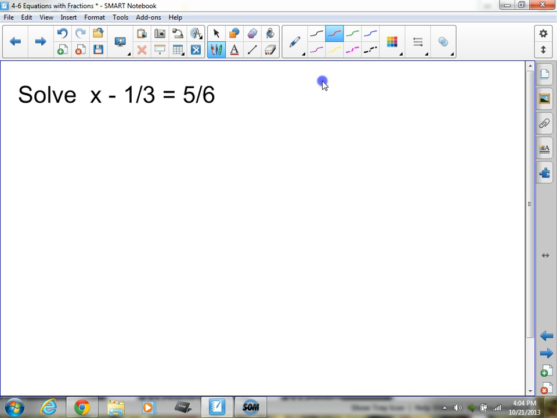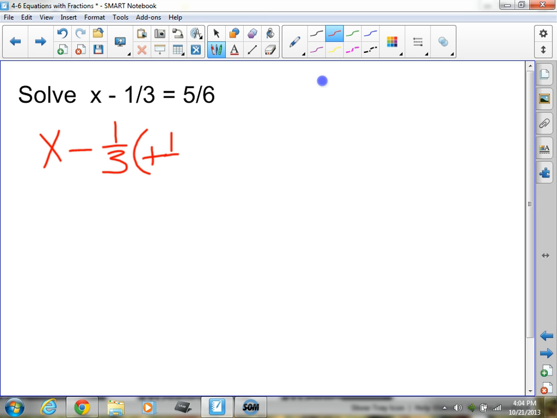So x minus 1/3 equals 5/6. I know that I need to get the x by itself. So x minus 1/3, the opposite of subtraction is addition. So I'm going to add 1/3 to both sides.